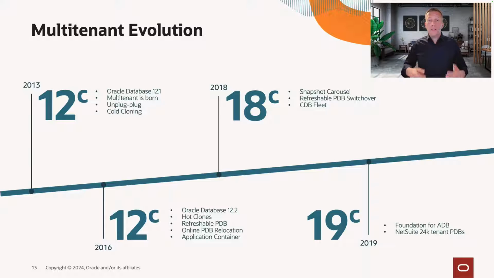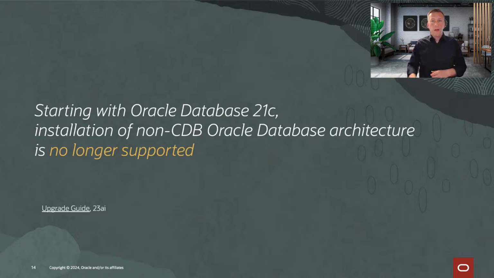And nowadays, the multi-tenant architecture is the foundation for our autonomous database offerings, and other pieces of Oracle software. The NetSuite application runs in autonomous database with multi-tenant underneath, and we have thousands and thousands of tenants using that architecture. So I think it's fair to say that we have battle tested the multi-tenant architecture.